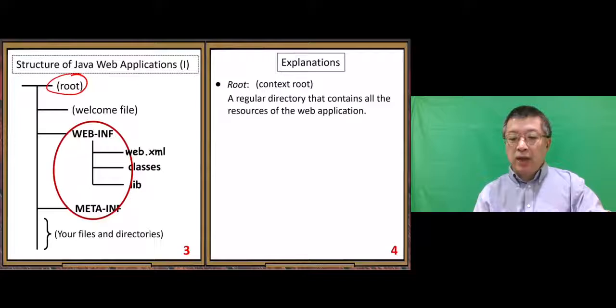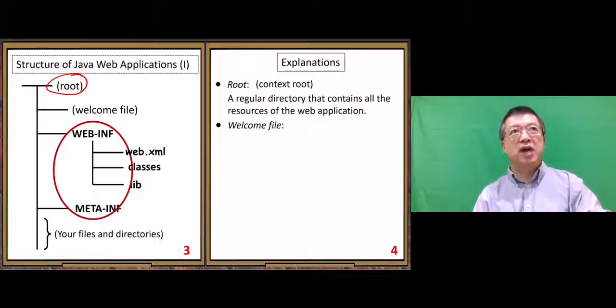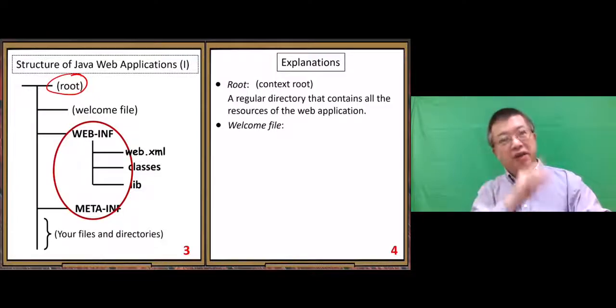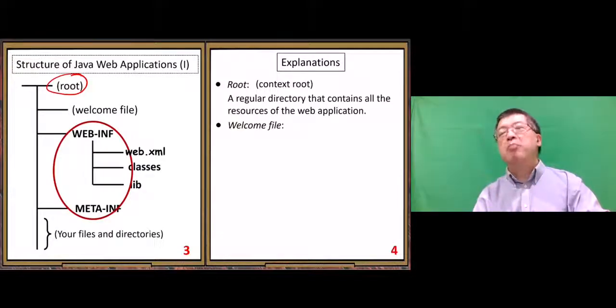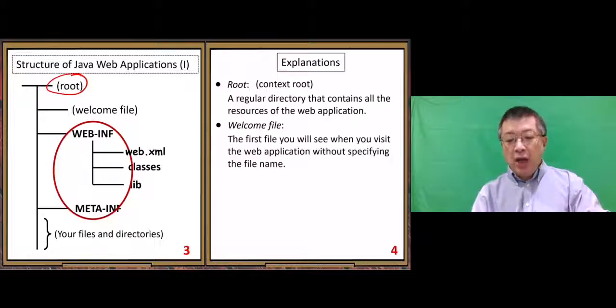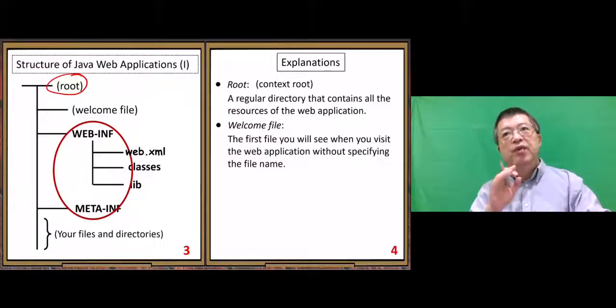All right. Second one, welcome file. This is another basic element in a Java web application. From the name you can see, it shows a welcome message to your users. It is the first file you will see when you visit the web application.